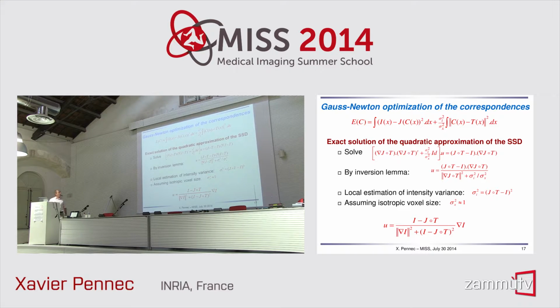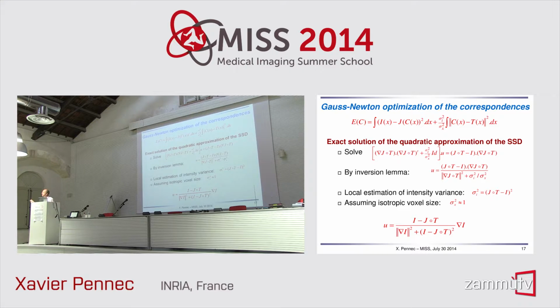If we take a local estimation of the image intensity variance, which is just basically we take the error at the point where we are. This is the error in intensity, and we're going to pretend that this is our variance on the image error. And then in that case, the second sigma here, you remember that sigma I is the error that we're allowing on the intensity.